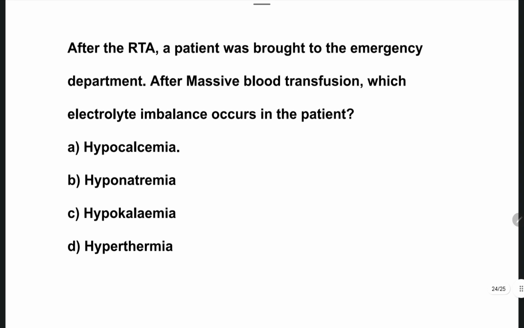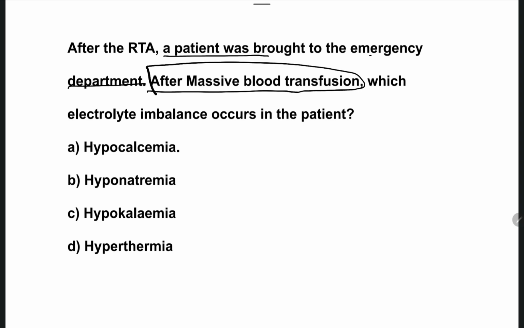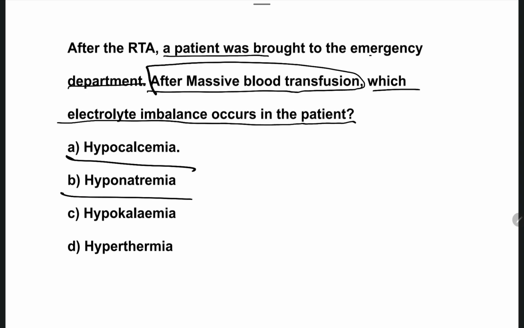The next question is, after a road traffic accident, a patient was brought to the emergency department and received a massive blood transfusion. Okay, this is not massive blood loss, this is massive blood transfusion. Which electrolyte imbalance occurs in the patient? The options are hypocalcemia, hyponatremia, hypokalemia, hyperthermia.